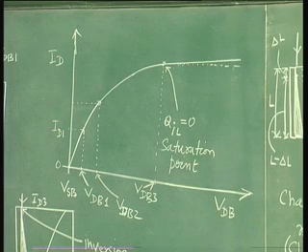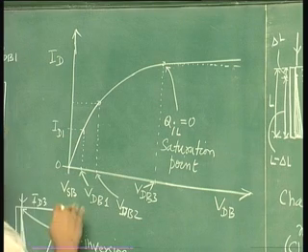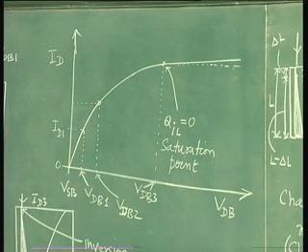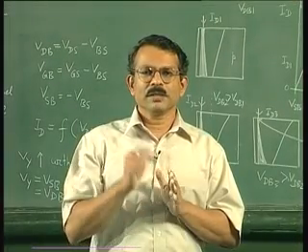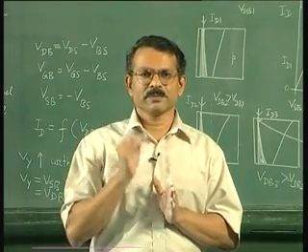Now to complete the qualitative analysis, before we take up writing the equations, we must explain what will happen to the current voltage curve if you change your gate to bulk voltage. Now if you change your gate to bulk voltage, obviously the saturation point will also shift.